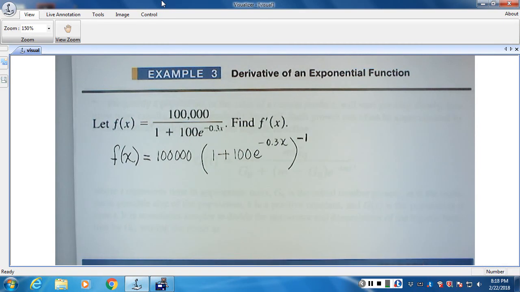That way I've made it into a relatively simpler chain rule problem, and I don't have to go taking a whole bunch of derivatives and trying to remember what order to put them in. You could do it as a quotient rule problem, but it's not as easy. So now we're going to take the derivative.